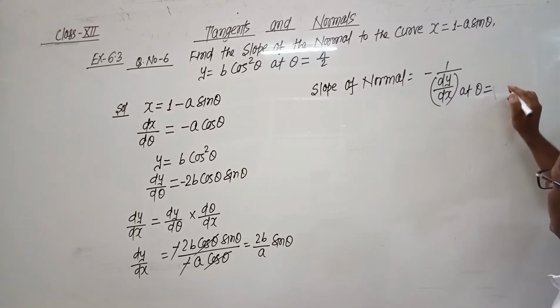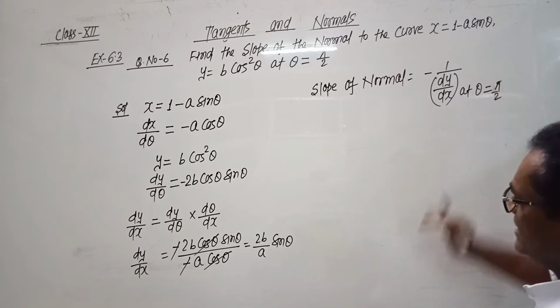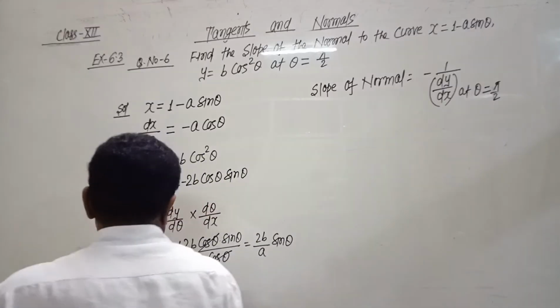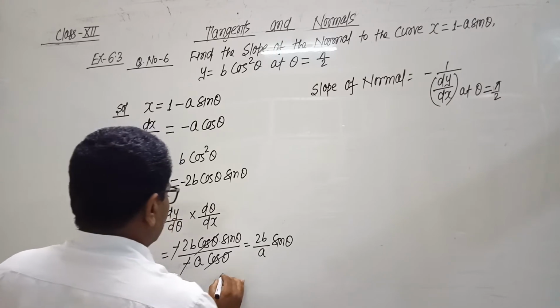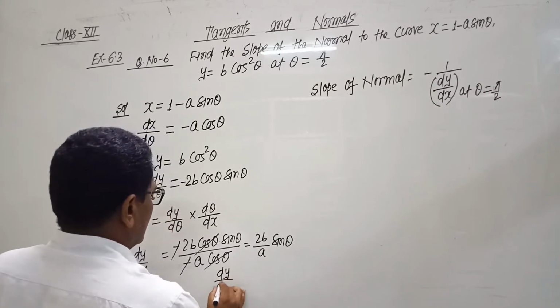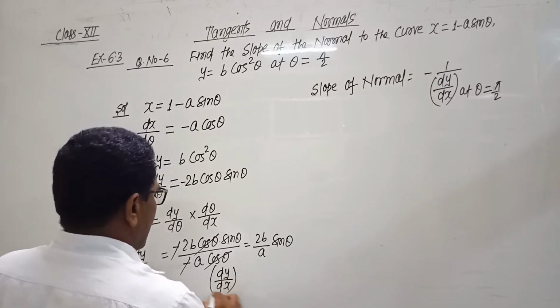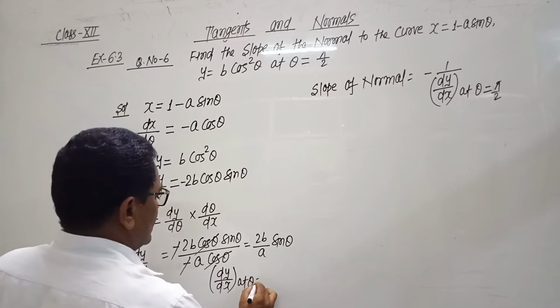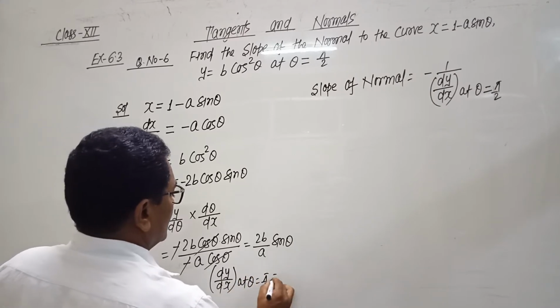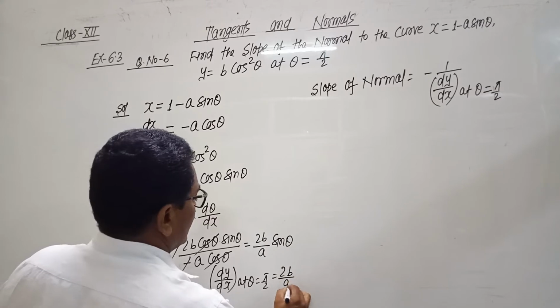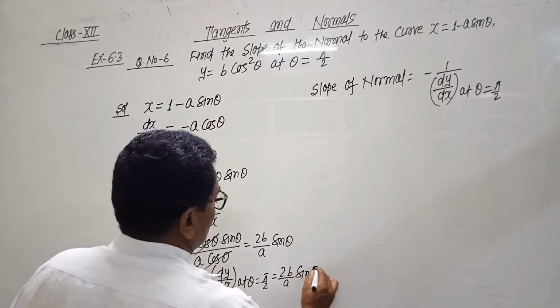The point is given, theta equals pi by 2. So we calculate dy by dx at theta equals pi by 2, which means 2b by a and sin pi by 2.